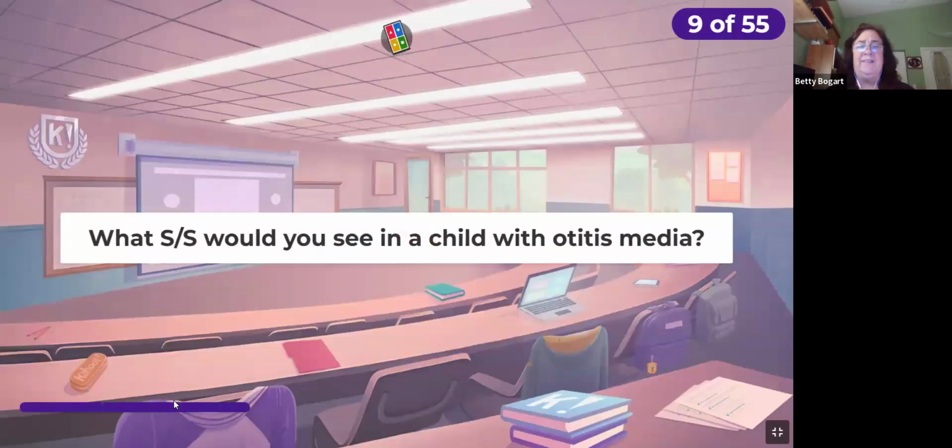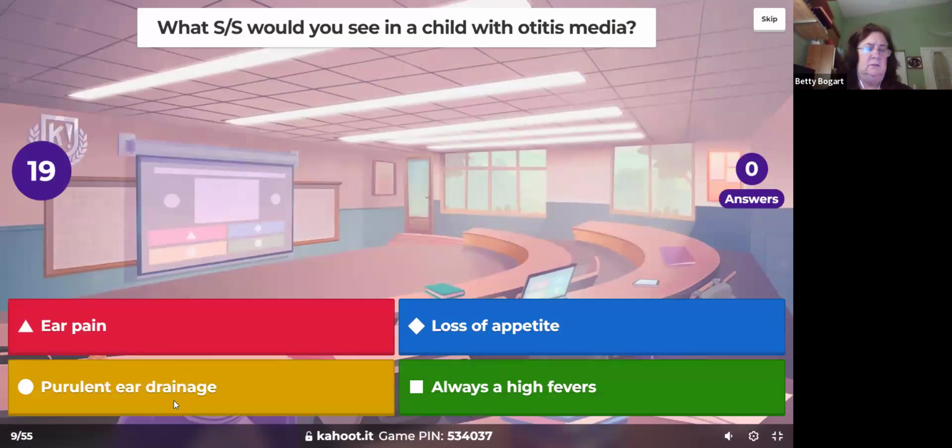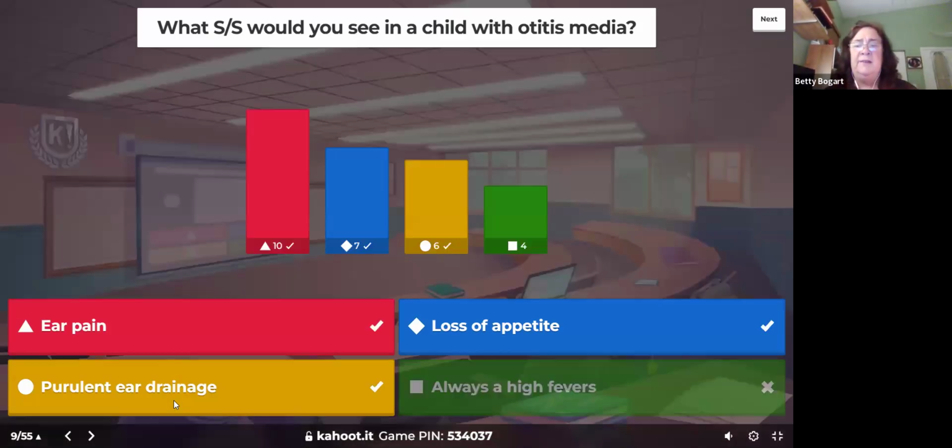Multi. What signs and symptoms would you see in a child with otitis media? What is otitis media? Middle ear infection, inflammation. The biggest thing, and the one that we need to treat as nurses, is the pain. Because, yes, it is an infection.